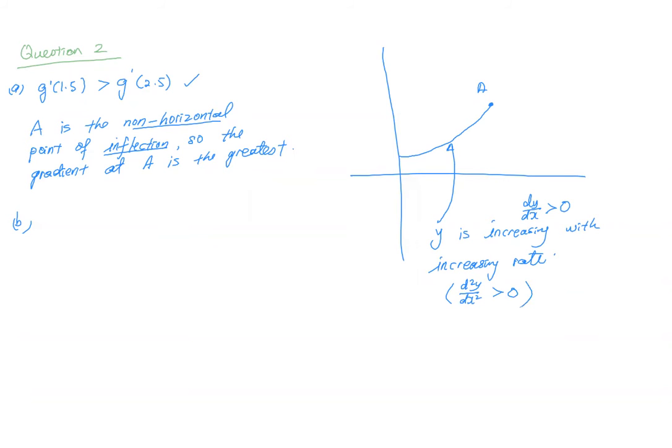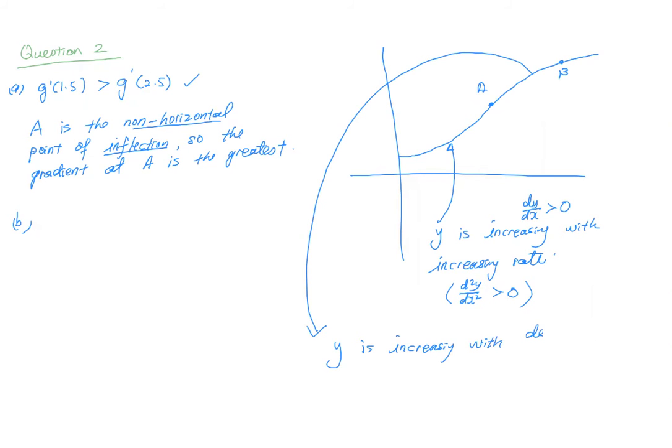You see or not? Then after point A, it goes like that until point B here. So this part, if I interpret, I will say y is increasing with decreasing rate.